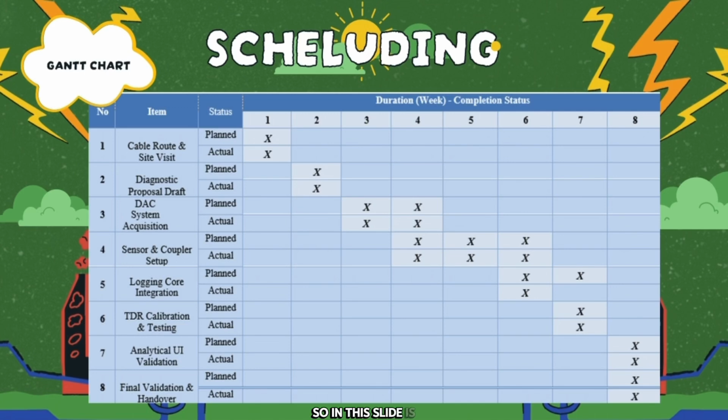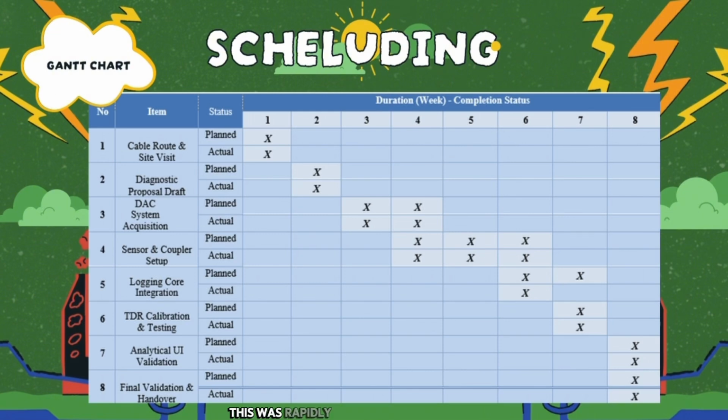So in this slide 5 is for the Gantt chart. Looking at our scheduling, the execution span across an intensive timeline. Initial site visit, proposal, and hardware acquisition took place in the opening weeks.